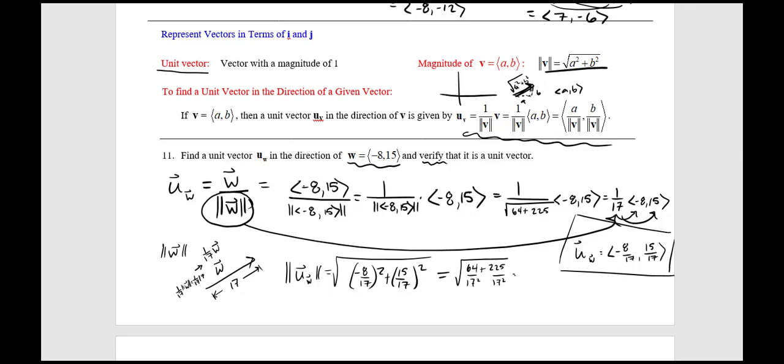You can do the math. We actually already did it up here. When we squared these and added them, we got 17 squared. Right. So check. The length of this vector did end up being 1. This guy is a unit vector.